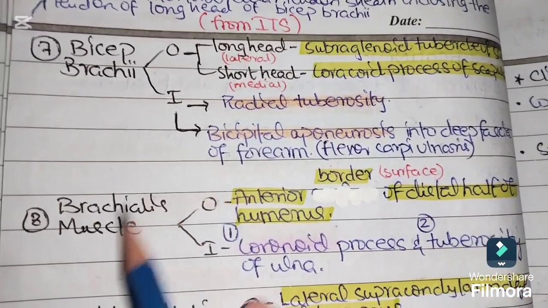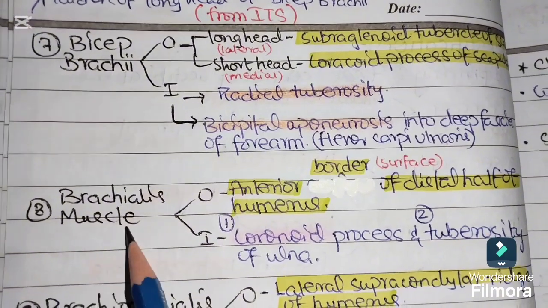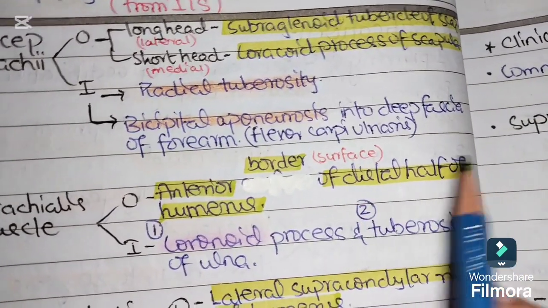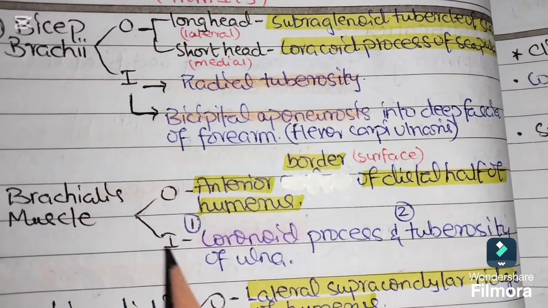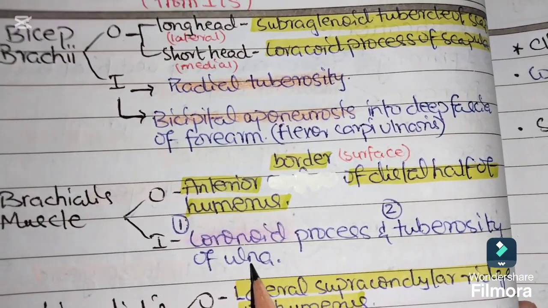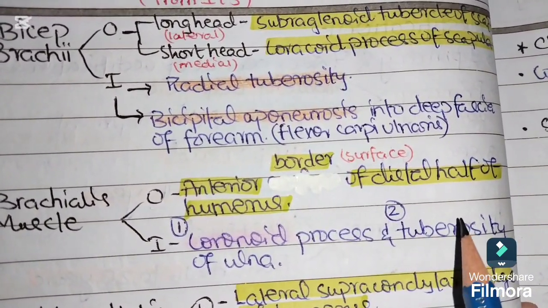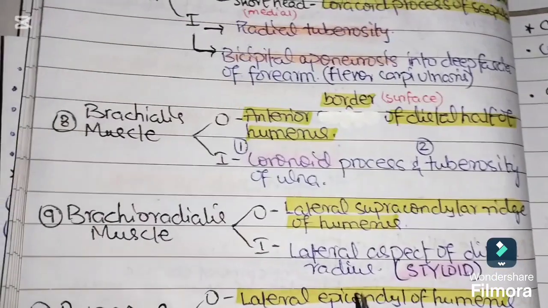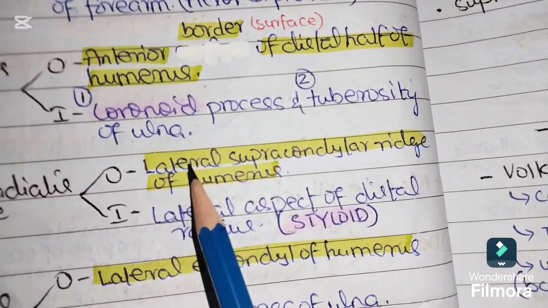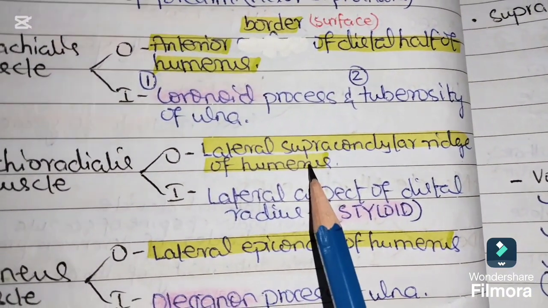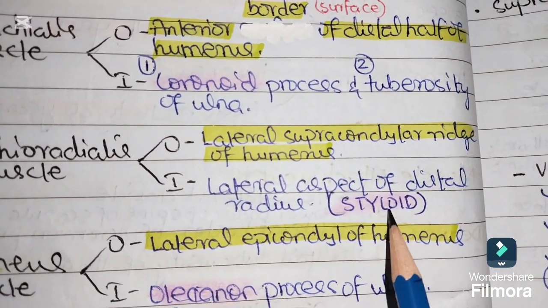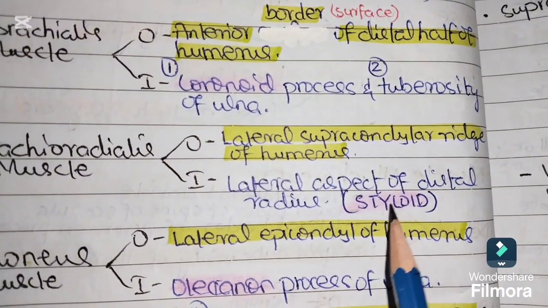So yeah. Anyways, let's move on to the brachialis muscle, which originates in the anterior border of the distal half of humerus, and it inserts in the coronoid process and the tuberosity of ulna. The brachioradialis muscle originates in the lateral supracondylar ridge of humerus and inserts in the lateral aspect of distal radius, which is the styloid.